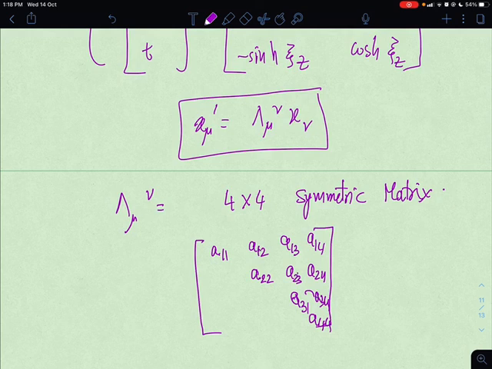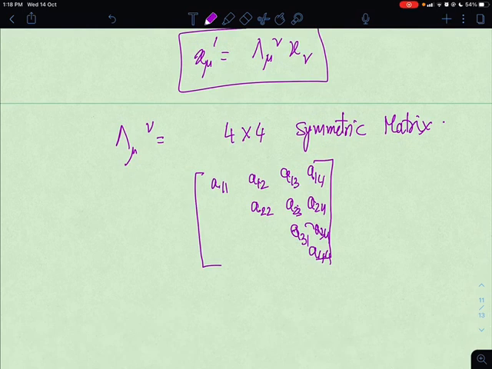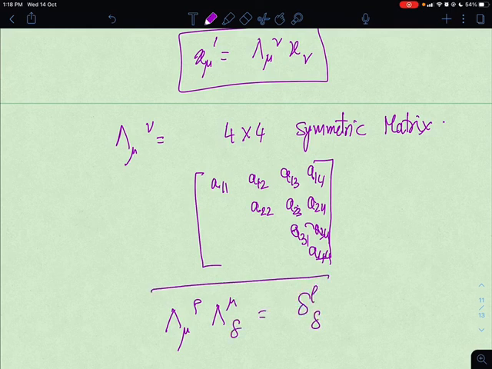1, 2, 3, 4, 5, 6, 7, 8, 9, 10. So there are 10 parameters. You can count it in a different way, using the formula n into n plus 1 by 2. And then there is the orthogonality condition, which is lambda mu rho, lambda mu delta is equal to delta rho delta.